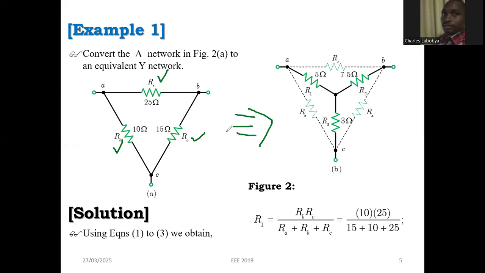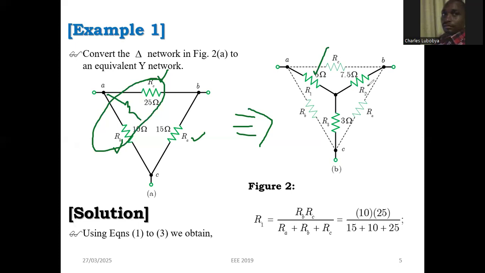To do this, you calculate R1, and in calculating R1, you get the adjacent resistors, RB and RC, which is 10 times 25, divided by the sum of all the resistors connected in delta. In this case, it's 15 plus 10 plus 25, which gives you 50. And so 250 divided by 50, you get 5, which is your R1.